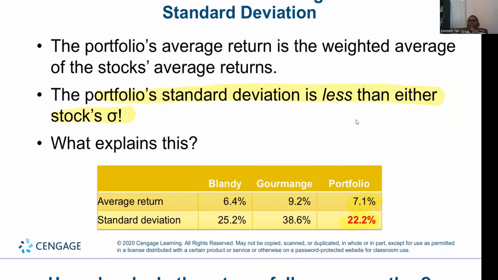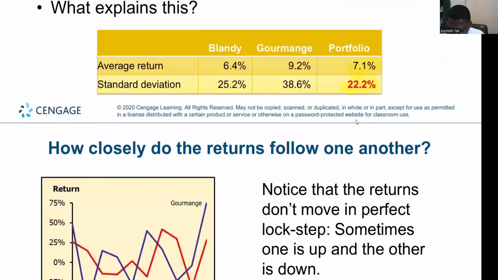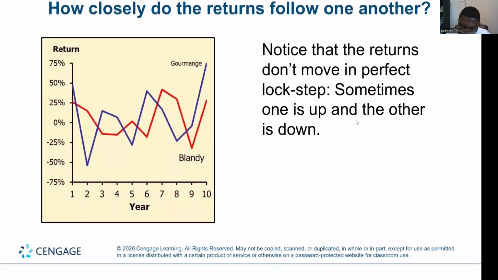So the more assets we bring into our portfolio, the more we reduce the amount of risk. We can track the movement of the two companies, Gomash and Blandy, and we notice that the returns don't move in perfect lockstep. Sometimes one is up and the other one is down.